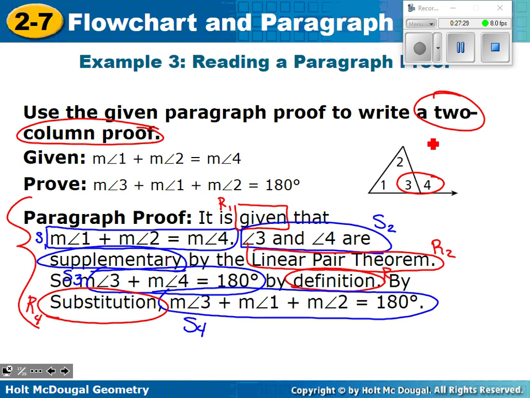This was reason 3. You've got to fill in some of those missing words that they're not putting. That's the only thing to be careful about. So number 4 would be substitution, property of equality. And the 4th statement was measure angle 3 plus measure angle 1 plus measure angle 2 equals 180.